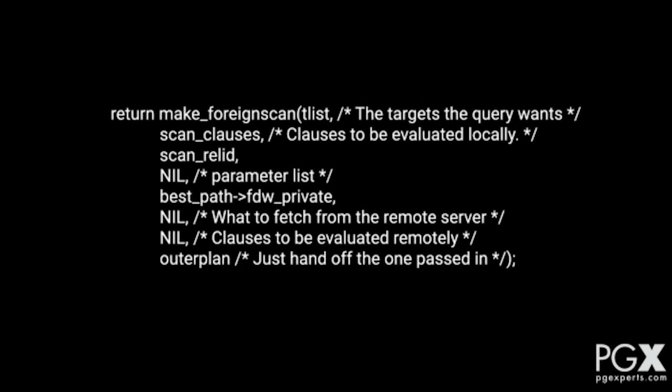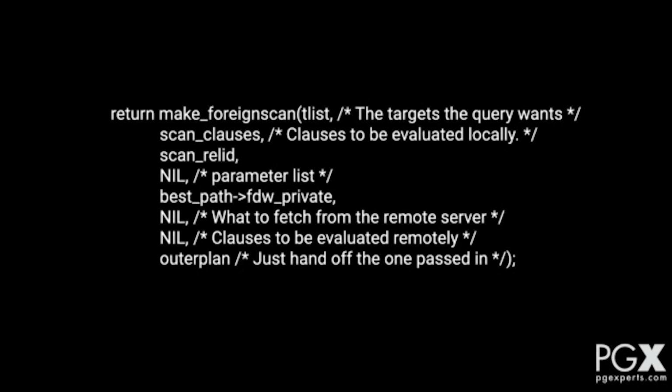So the T list is the targets the query wants. So if they're selecting a certain number of columns, the T list is which columns they asked for. Scan clauses is what clauses, that is to say the where clauses and stuff like that, which of those are going to be evaluated locally?